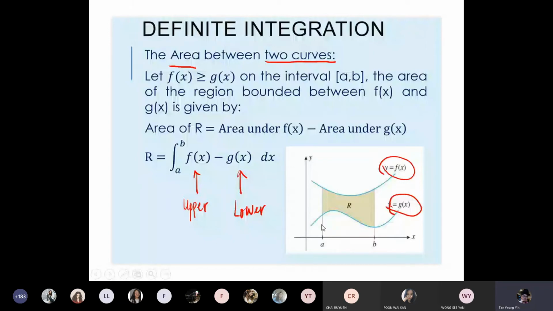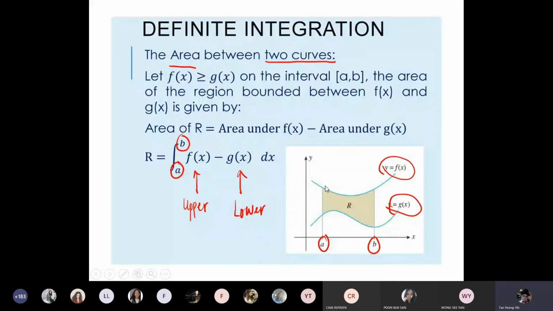Then we integrate from a to b. Any questions here? This is the theory. We integrate using the upper line, subtract the lower line.